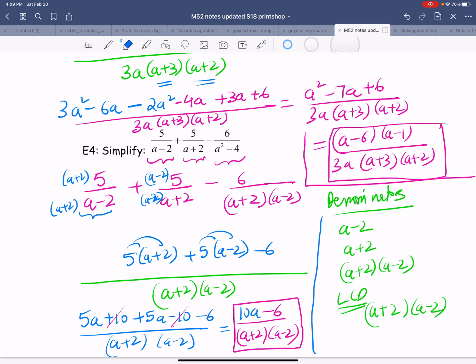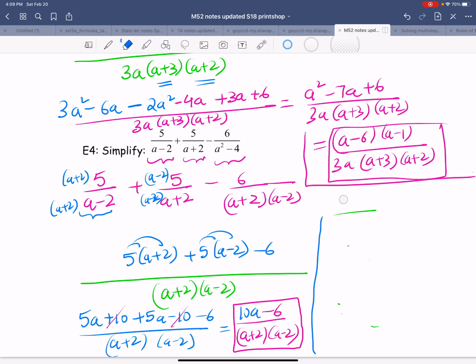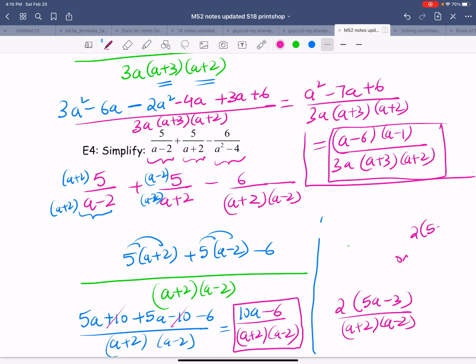Now, if you really want to factor a 2 from the numerator, you can, and there's another way to express this answer. You can pull out a 2 from the numerator, 5a minus 3 over a plus 2, a minus 2. Or you can also leave it as 2 times 5a minus 3 over a squared minus 4.